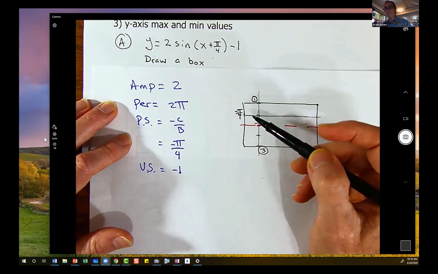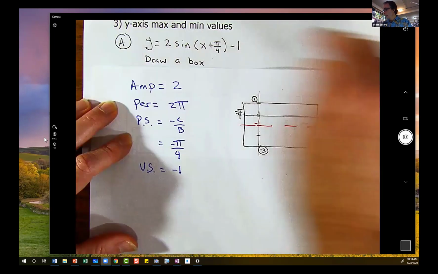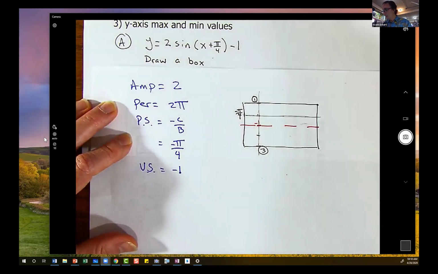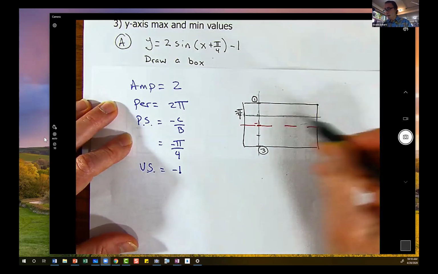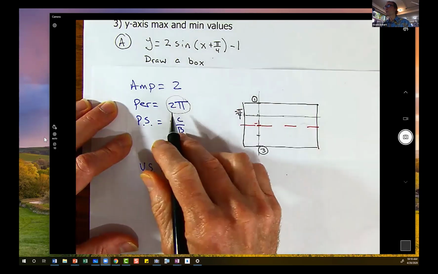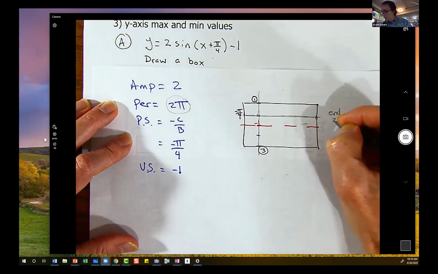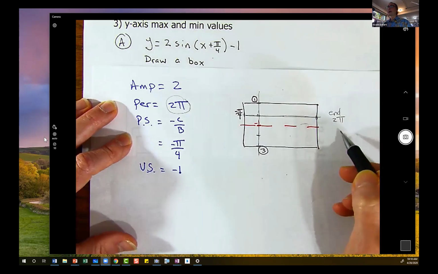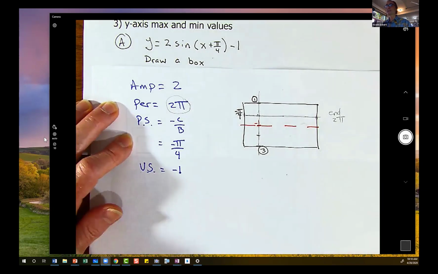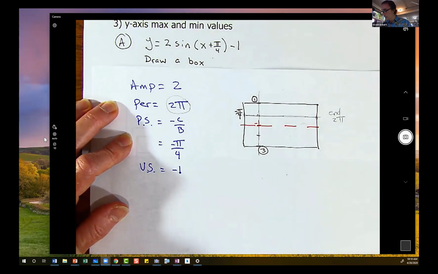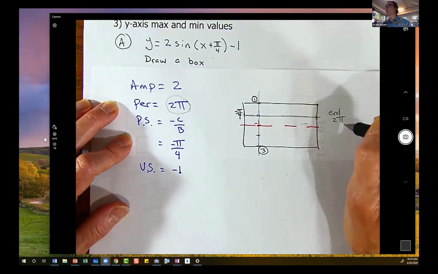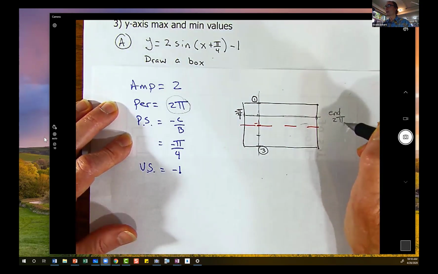Now, I was really happy to see that in past classes, a lot of students would say, oh, the period is 2, and so they would come over to the end and put 2 pi. Lots of students in my past classes would do that, but I don't think any of you did that, which was great. Because what's wrong with this logic? Why is the end not 2 pi?